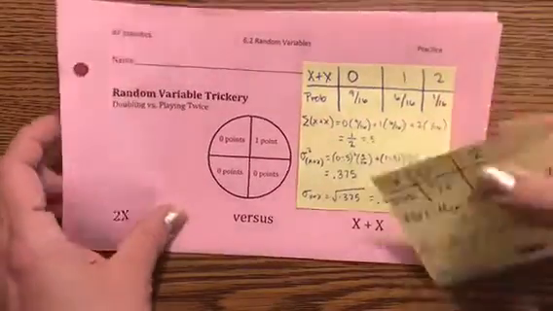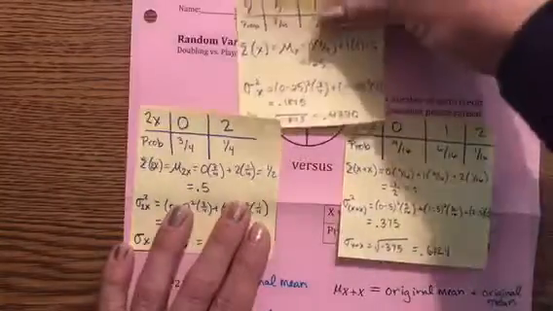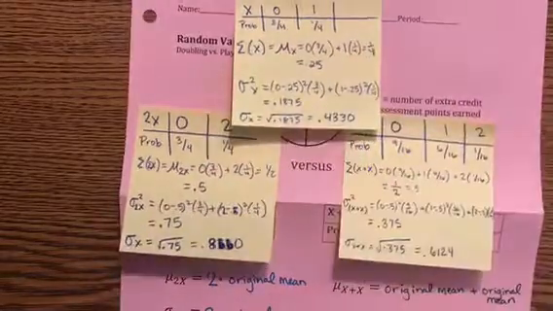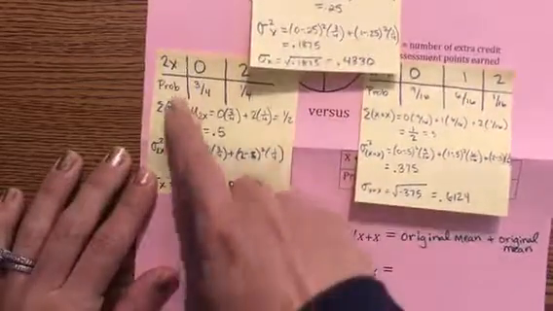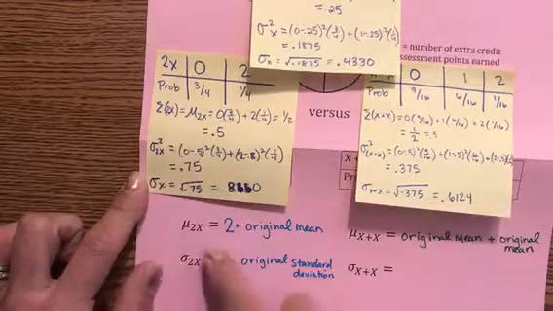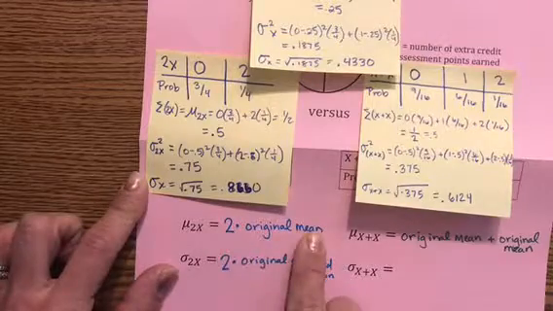So let's look at the difference between these. Here's my original mean, 0.25, and 0.433 for the standard deviation. For 2 times our original random variable X, I got the mean of 0.5, which is just in fact 2 times the original mean.